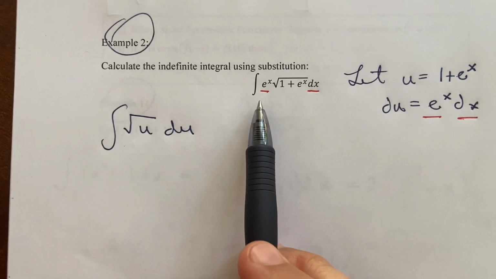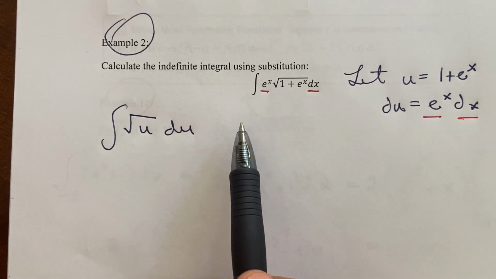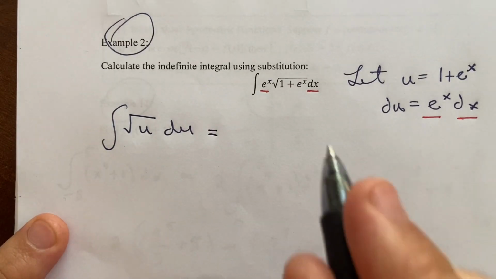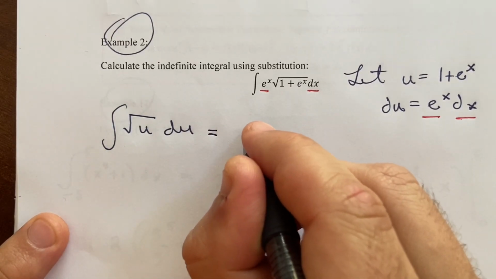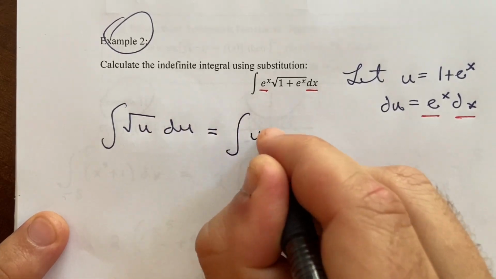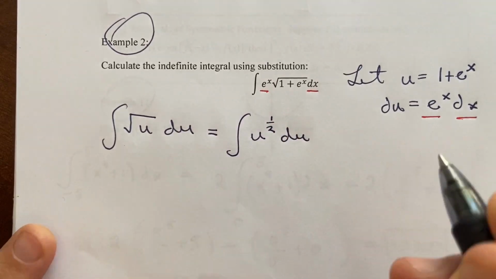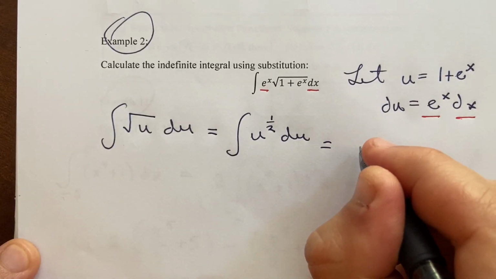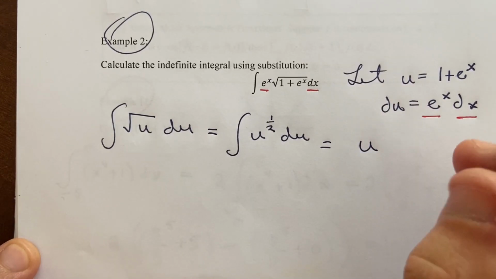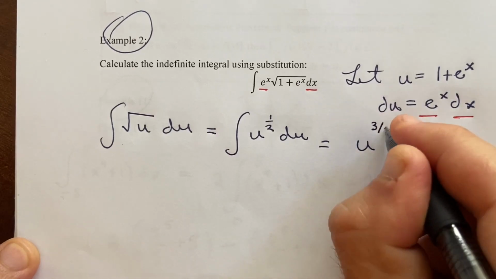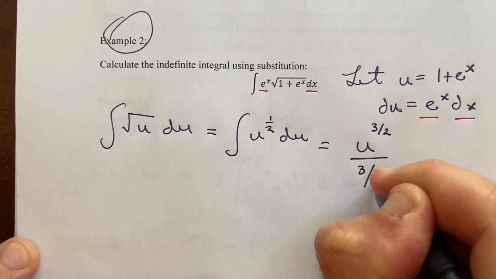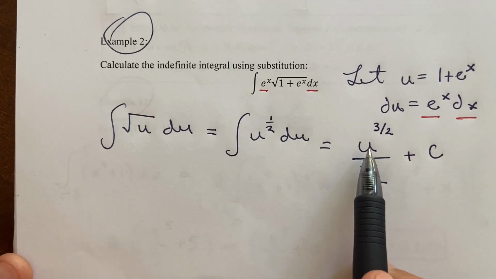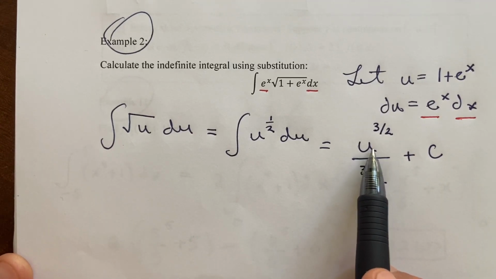Right? This is an indefinite integral. So now actually finding the antiderivative, maybe I'll think of it as a power first. So raising that by 1, dividing by the new power, I get u raised to the 3/2 divided by 3/2 plus c. And then going back to the original variable, right?